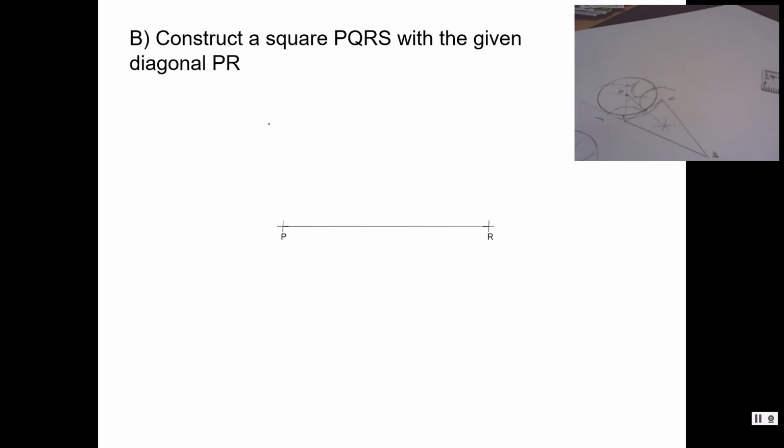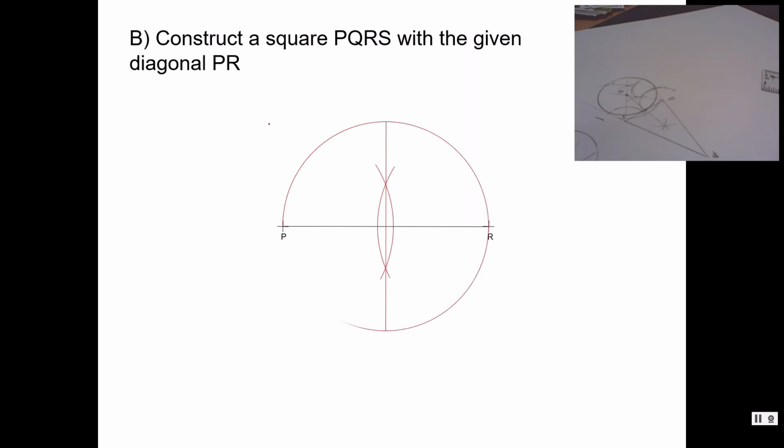Okay, so now construct a square PQRS with the given diagonal PR. Okay, a square PQRS. So from PQ we bisect it to get the bisecting point.